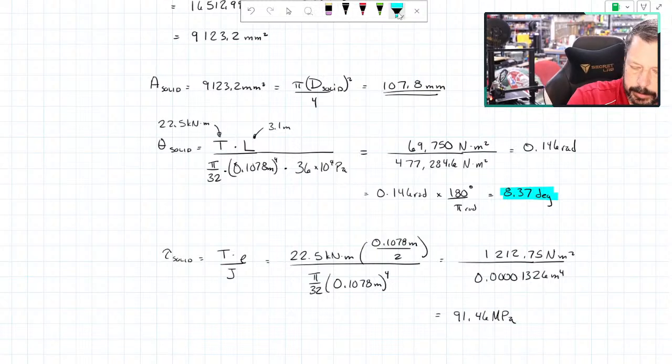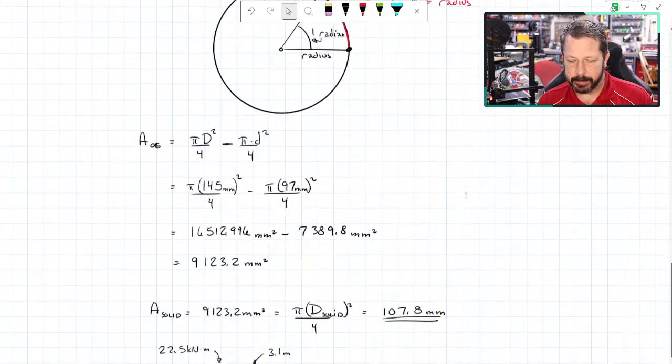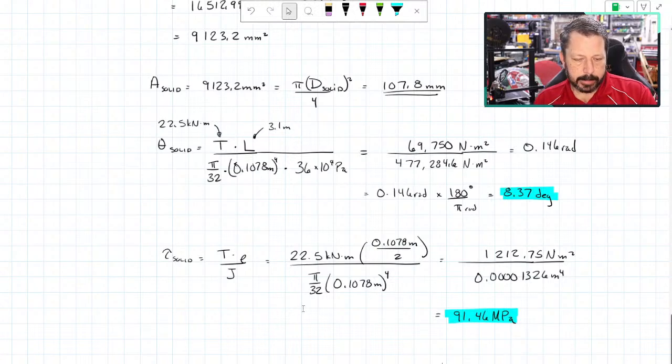This is not part of what the problem was asking us to do, but just to see the difference in stress. Our max stress before was 47 megapascals, and here it looks like it's nearly double that. 91 megapascals if I plugged all my numbers in correctly.